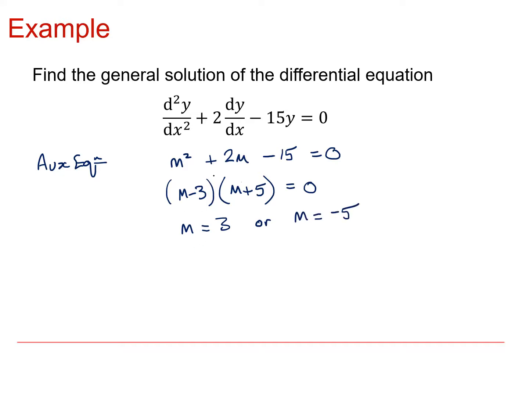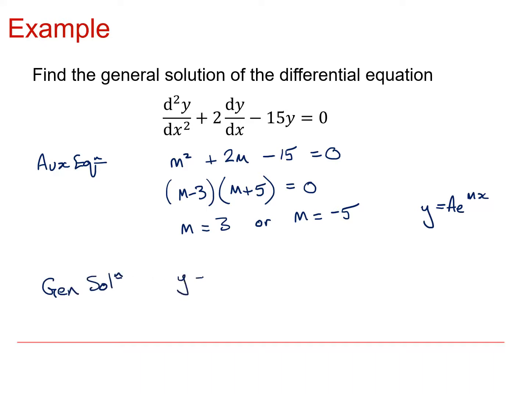Now I know that the general form for this is going to be y is equal to a e to the mx. That's what I'm looking at. The problem being that I've got two values for m. So my general solution has two parts to it.